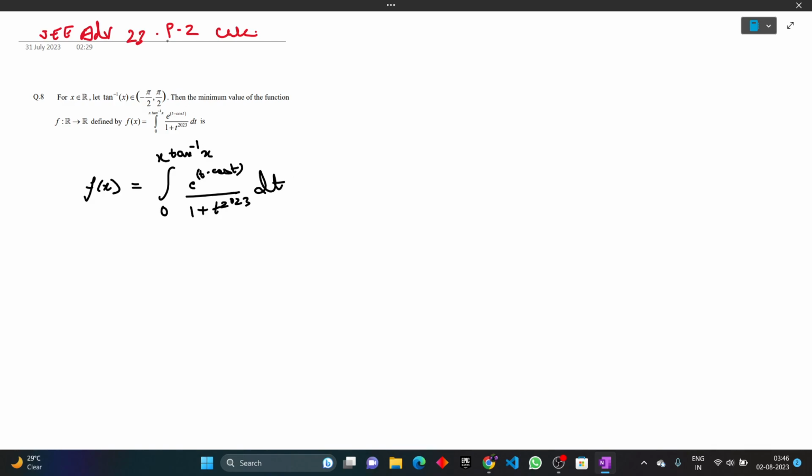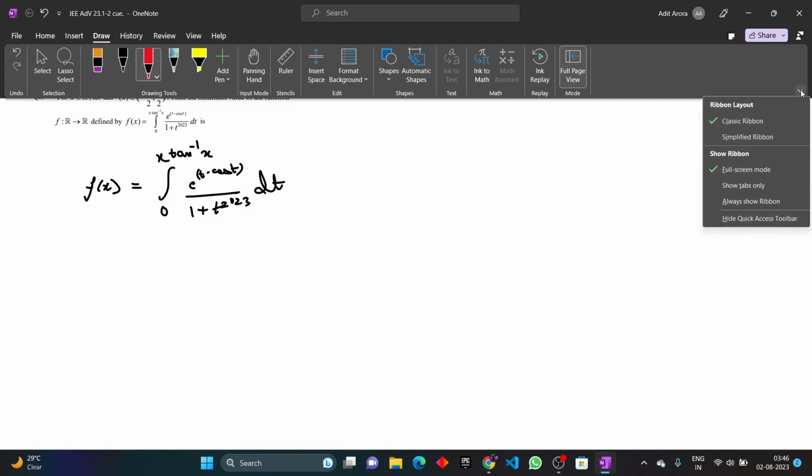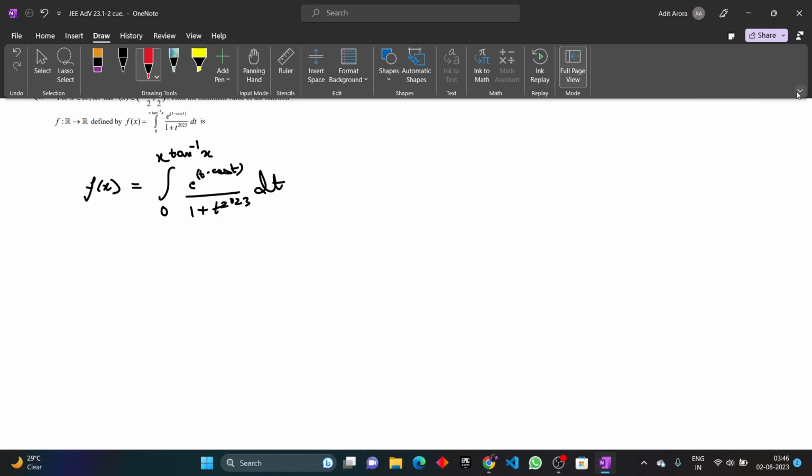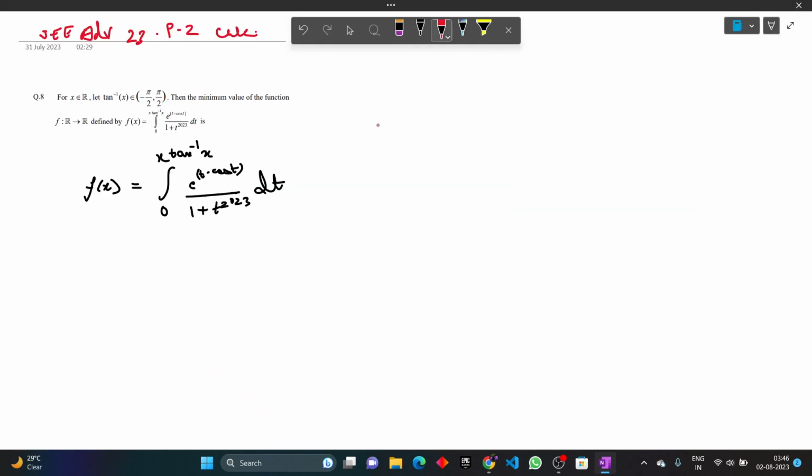Whenever we have to talk about minima and maxima, we use differentiation to solve them. So again, we will just use differentiation to solve this question.